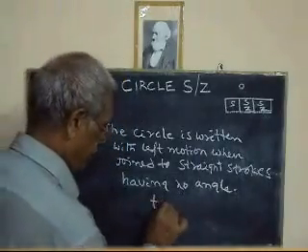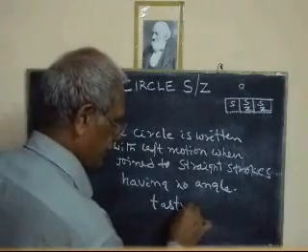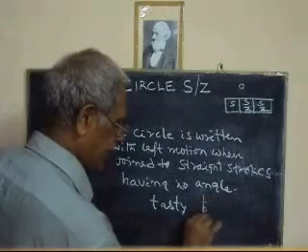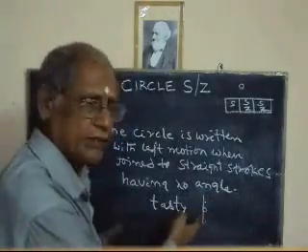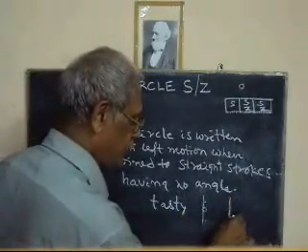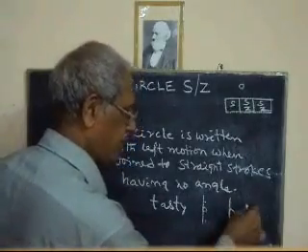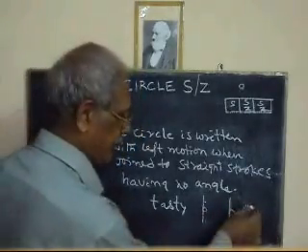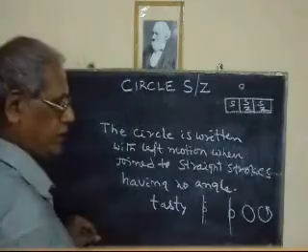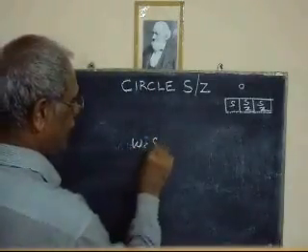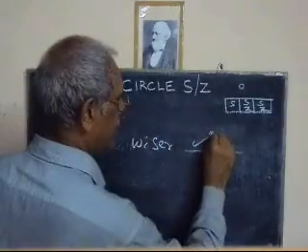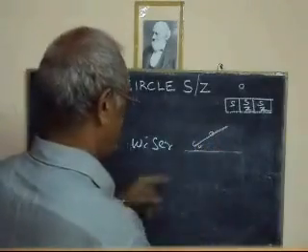For example, tasty. Suppose ta is T, tasty. Here there is no question of the angle. So when there is no angle, then you can write with left motion like this. Why is that?